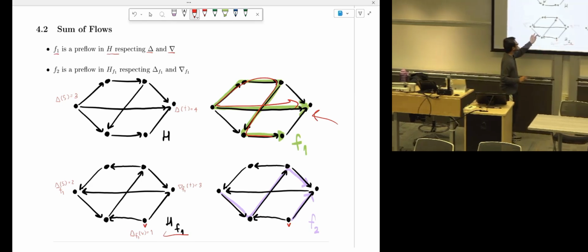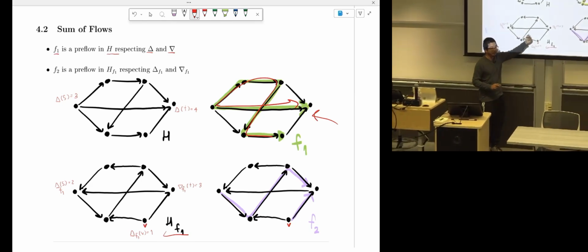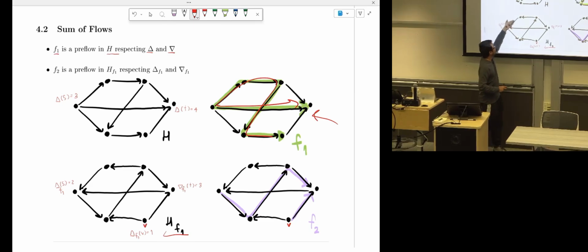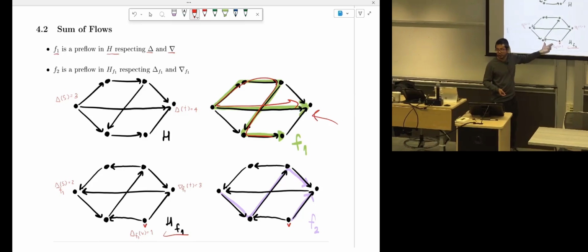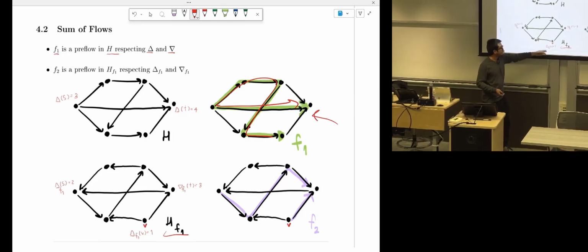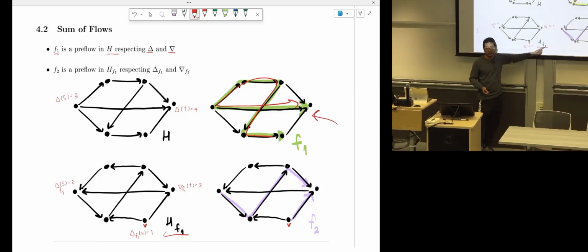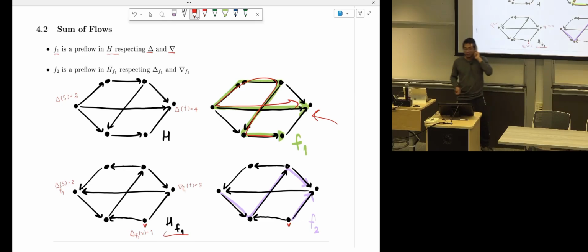Here I assume that each edge has capacity 1. So when the flow goes through some edge, it just flips in the residual graph. So this is my residual graph after I send F1.